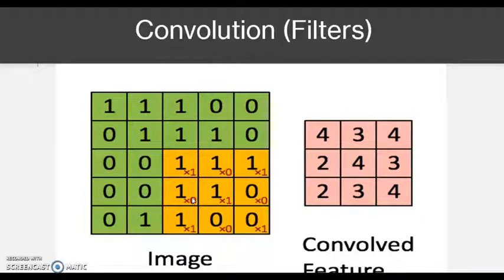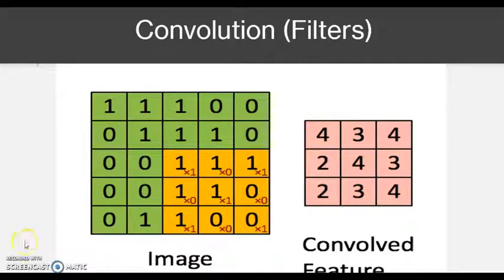And the multiplications are then summed up, creating a single number which represents a number of the feature map. So if we start at the top left corner, this number is representative of the top left corner here in the feature map.